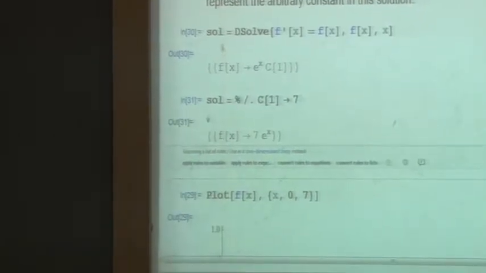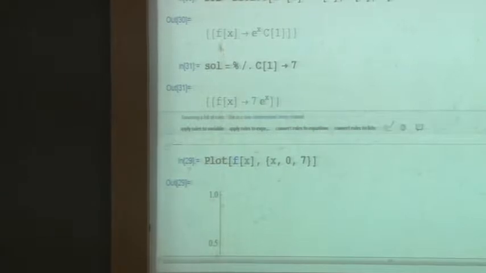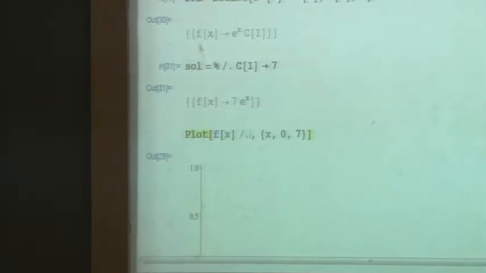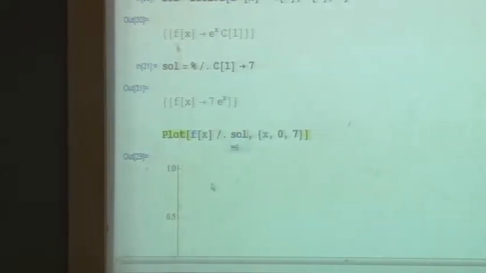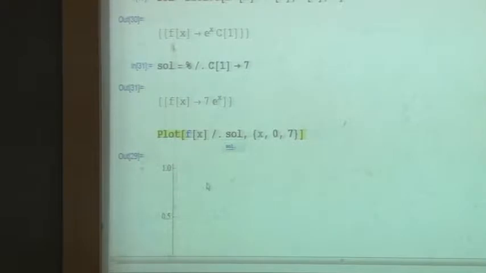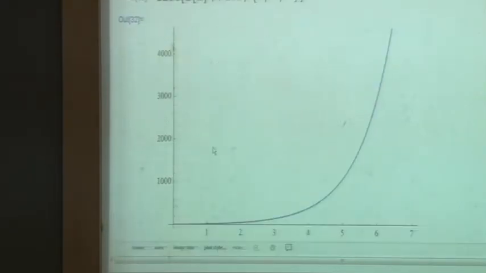So now if I tell Mathematica, okay, please plot f of x, but replace f of x with e to the power of x times 7 using this variable, now it should work fine. Alright?